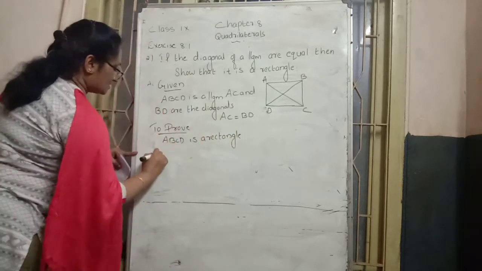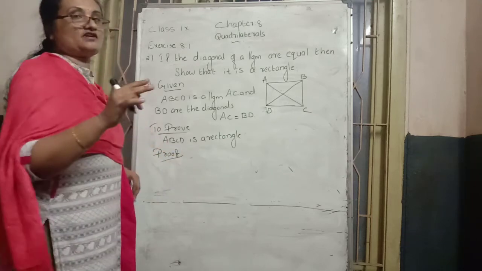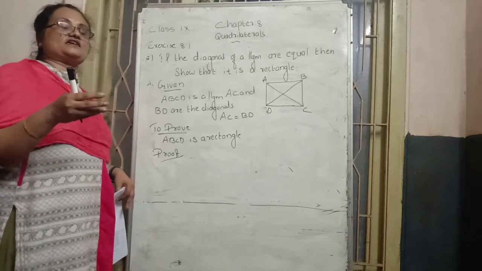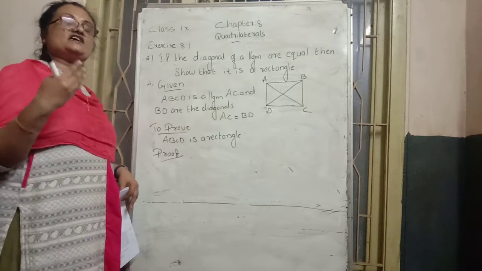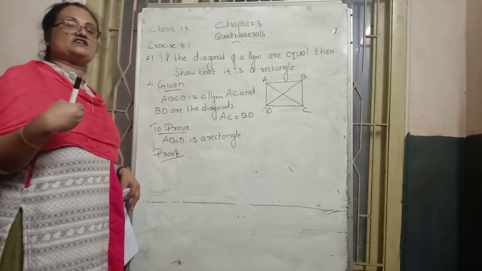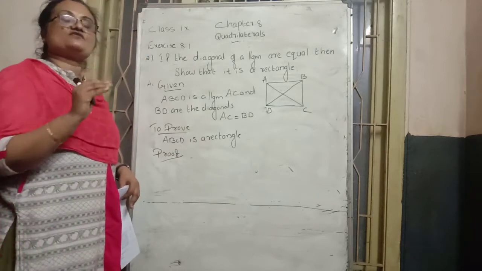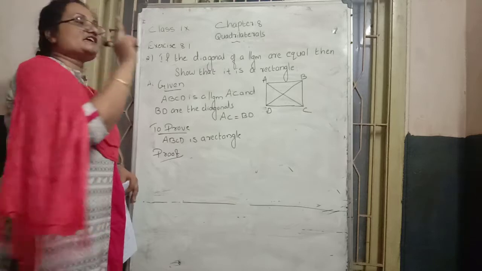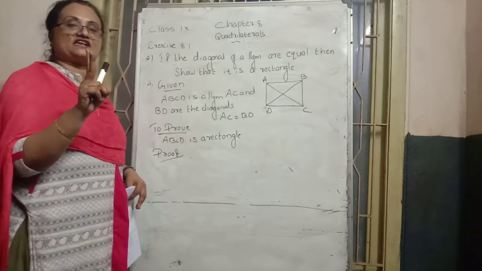For the proof, we consider the ASA property, SAS property, SSS property. We already learned these properties in the 7th class, in the triangle chapter. In the same way, here also we first apply that property. For that we can divide the given diagram into two triangles. Any two triangles you can take.